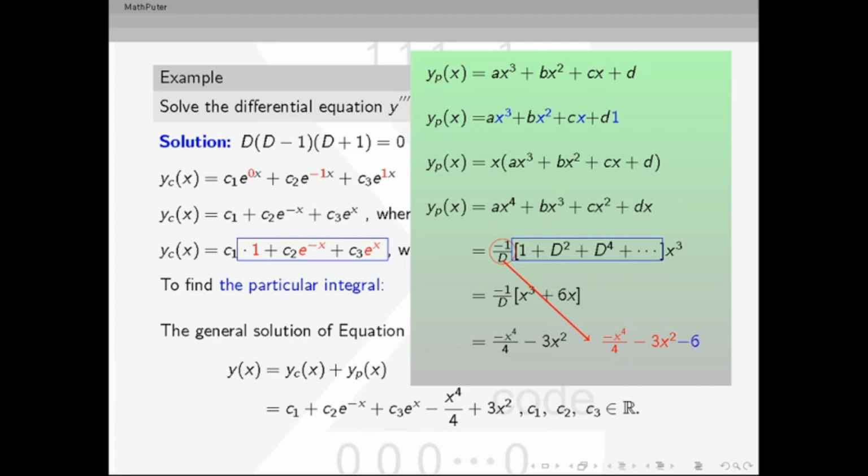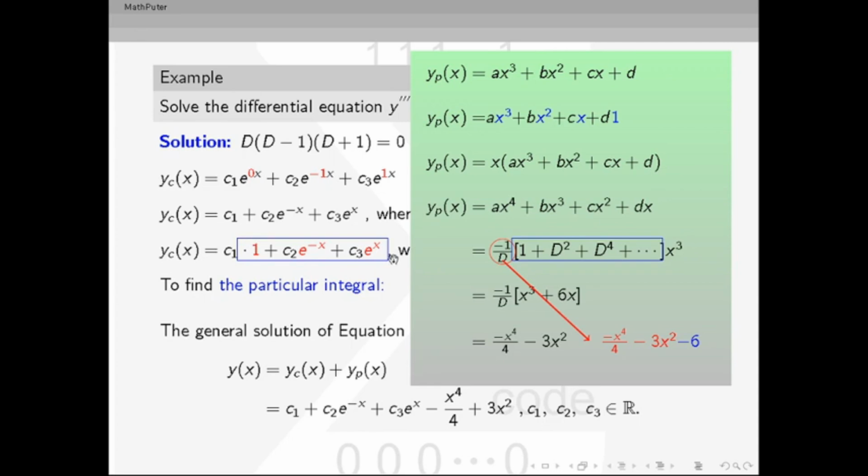So if possible, in other examples also, we always apply the integral quantity at the end. I mean, first we apply the derivative quantity and then we apply the integral quantity. That is only because otherwise there are chances that some terms may conflict with the complementary solution.